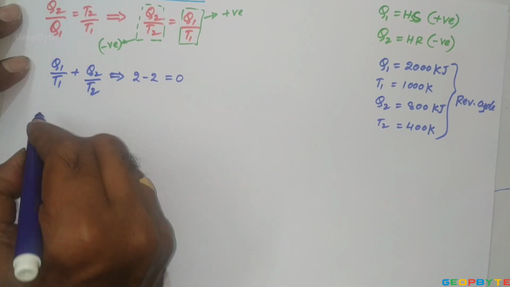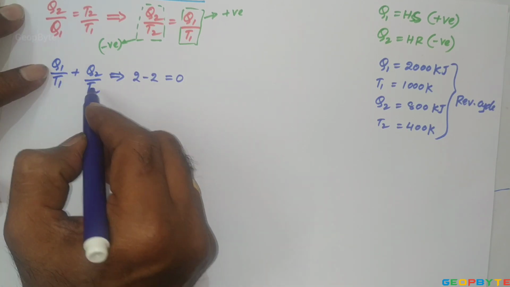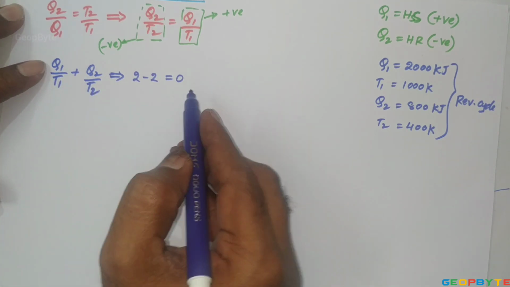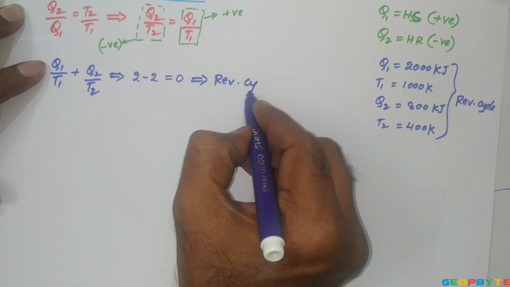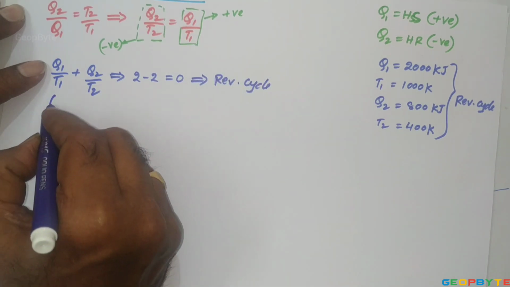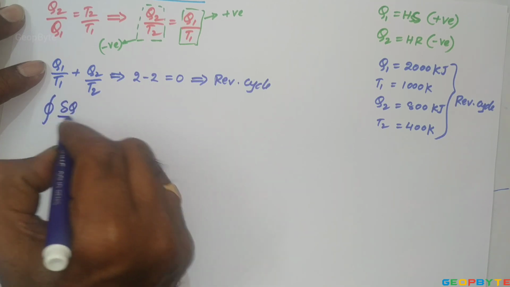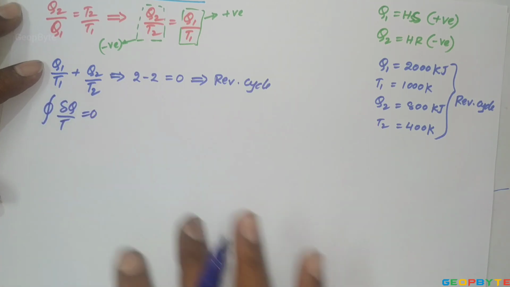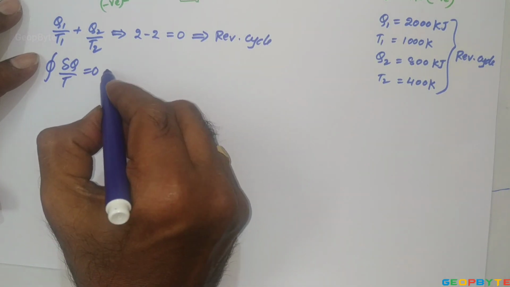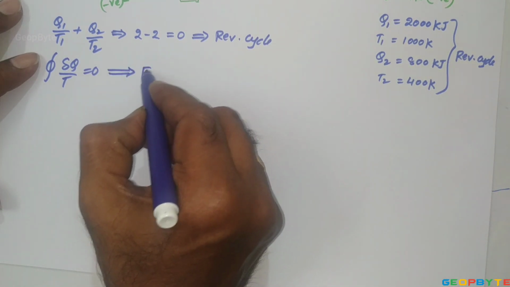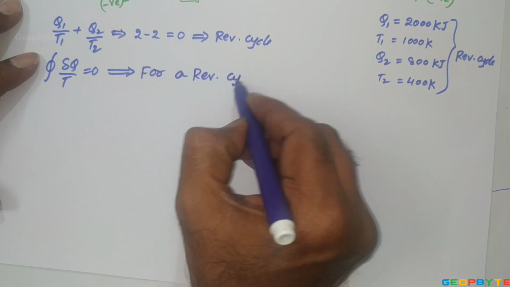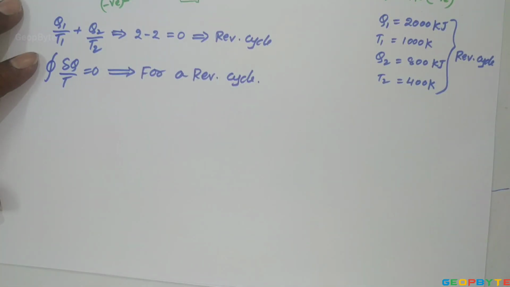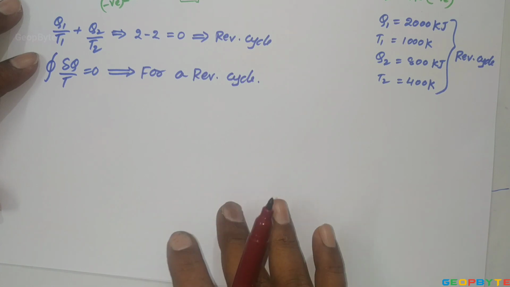That means the algebraic sum of heat transfers by temperature equals 0 for a reversible cycle. That means the cyclic integral of del Q by T is equal to 0 for a reversible cycle. Now let us take the irreversible cycle.